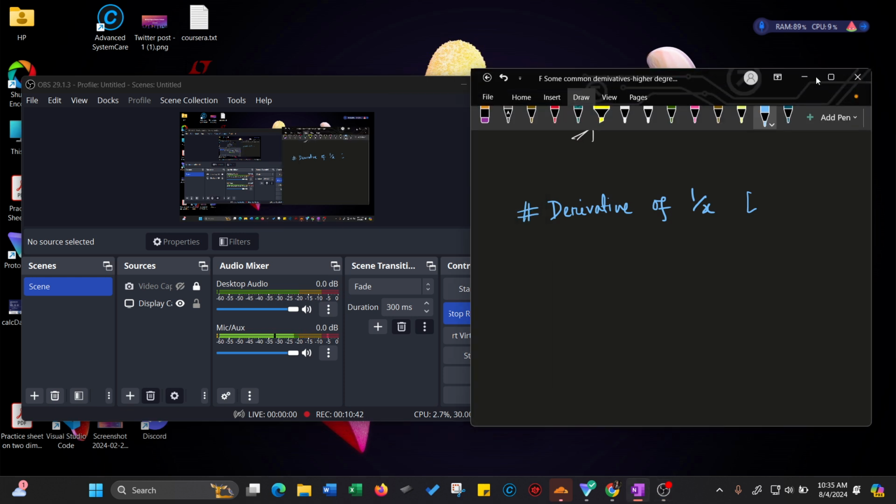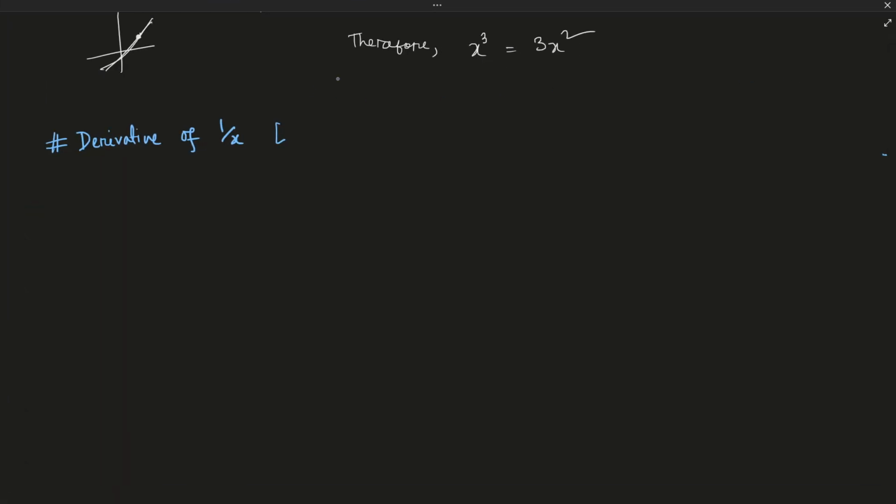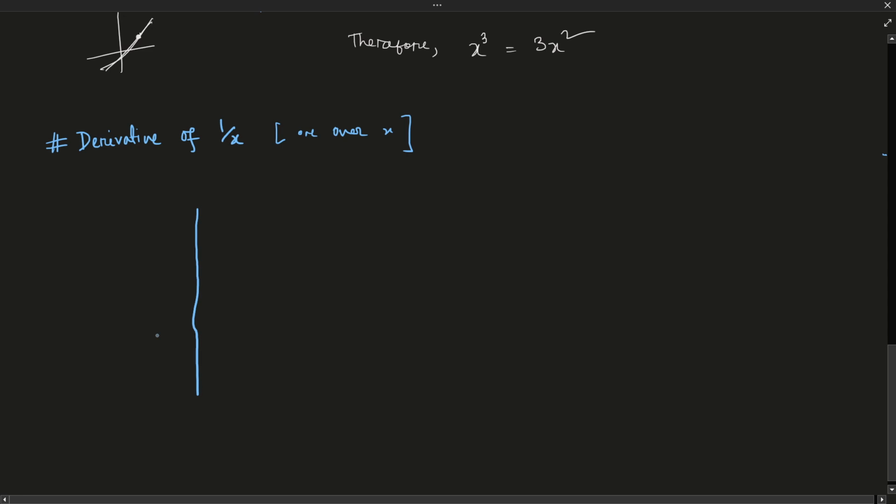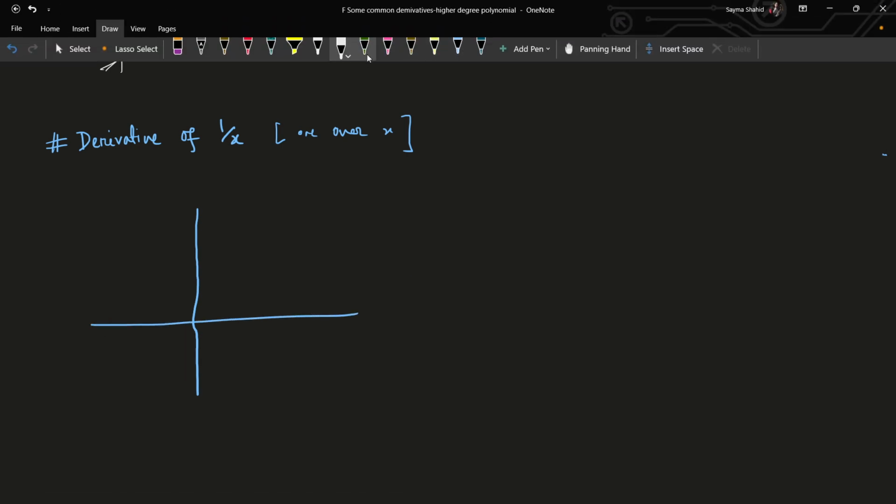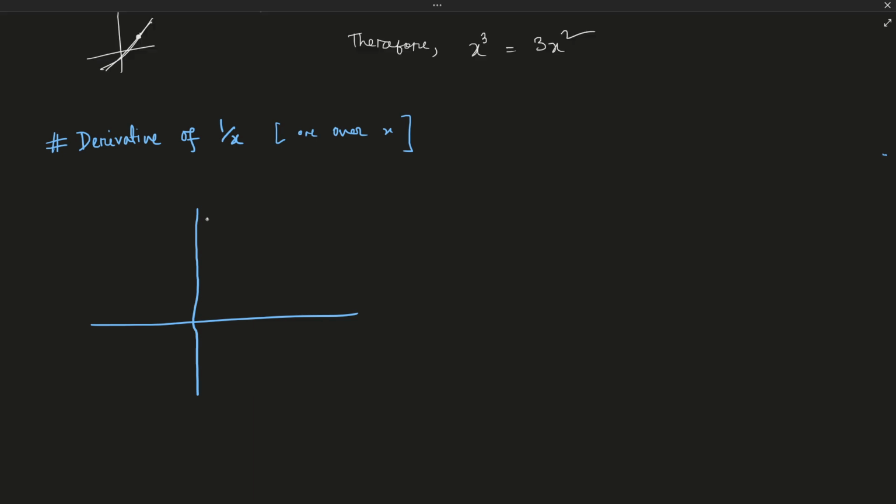Okay, moving on. Now we will see the derivative of 1 by x, basically 1 over x. Let's draw a graph. Basically it will be a hyperbola, something like this.